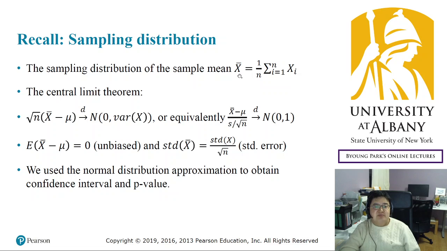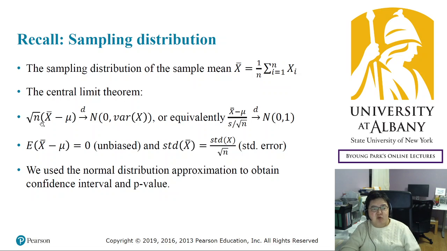The sample mean x bar, defined as the summation of xi divided by n, is by the central limit theorem approximately normally distributed. This means that x bar minus the population mean, multiplied by square root n, converges in distribution as n goes to infinity to a normal distribution with the underlying variance of x.